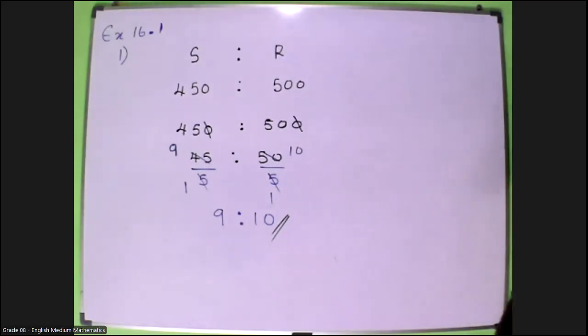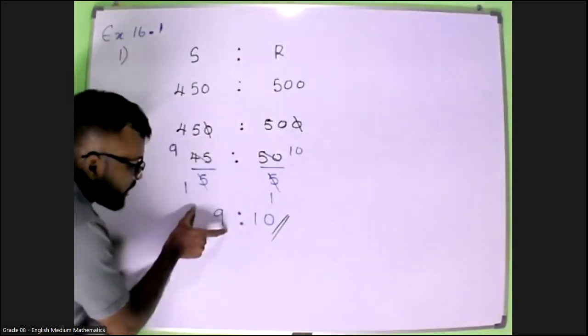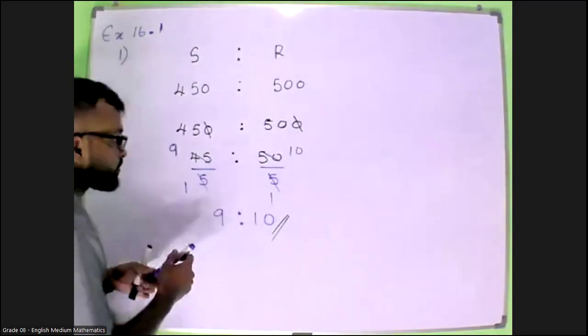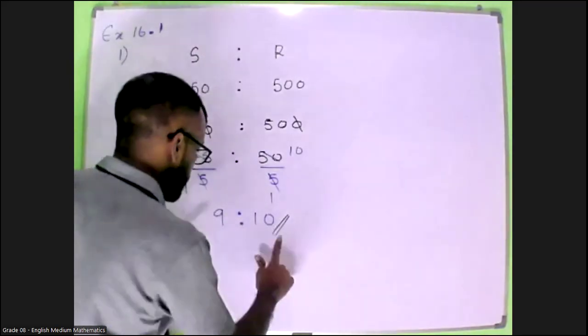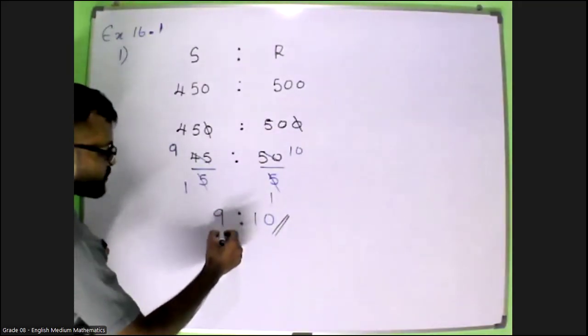Express this in its simplest form. So how much of the amount did Sudesh receive? This is the Sudesh part. This is related to Sudesh.